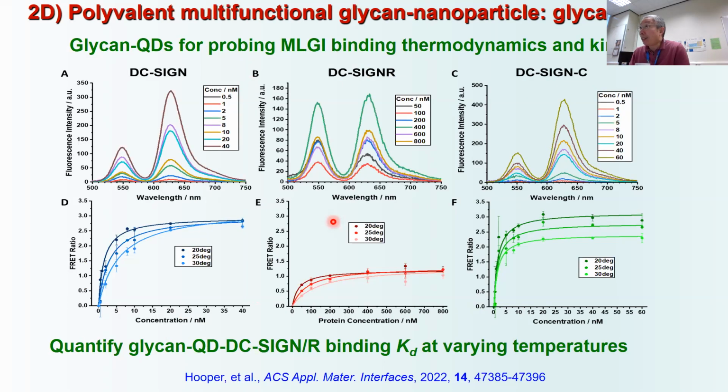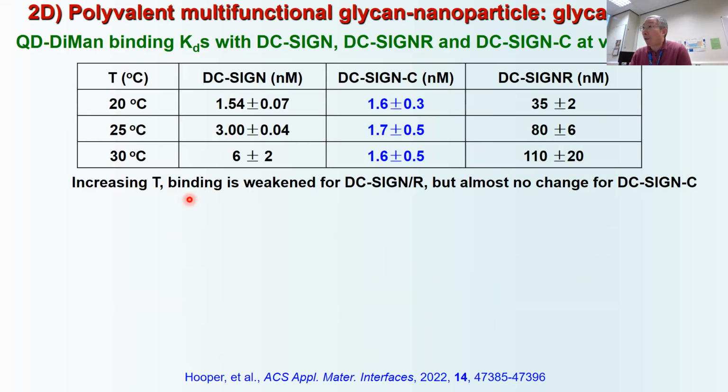Not only can we use this to measure the binding affinity, we can also use it to measure the binding thermodynamics. In this case, we repeated the experiment at 3 different temperatures using the method above, to find out how the binding strength is affected by temperature. For both DC-SIGN and DC-SIGNR, the binding affinities become weaker when the temperature is increased.